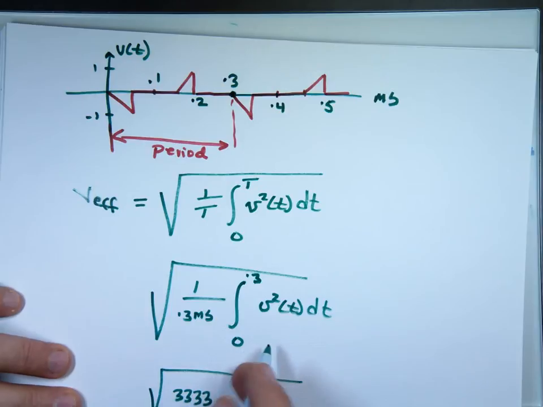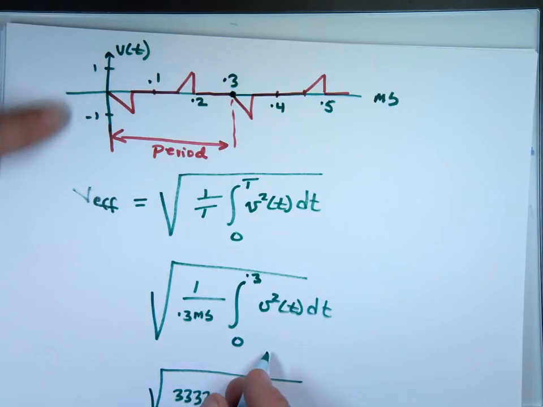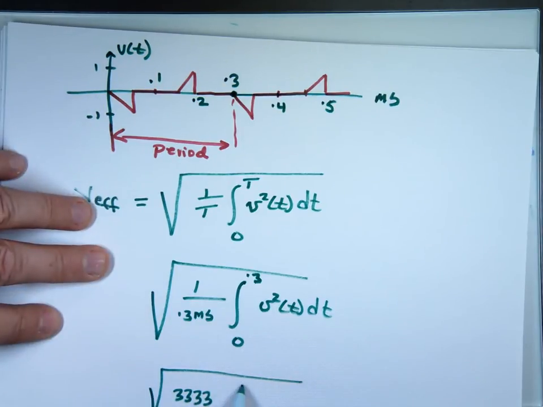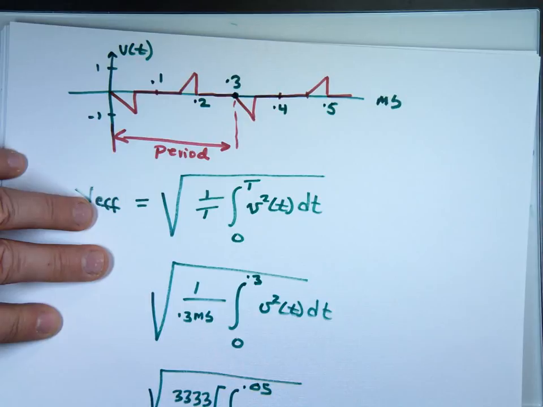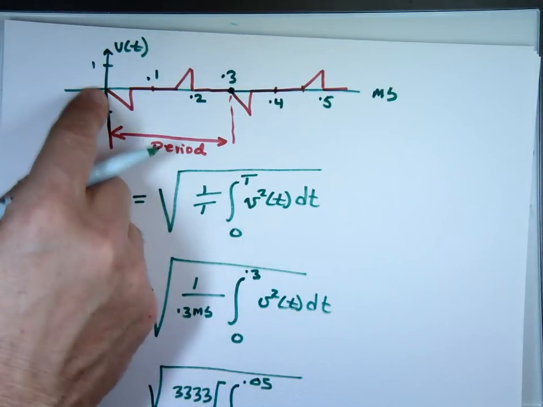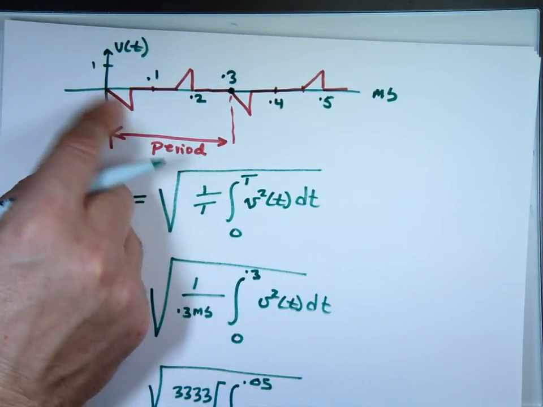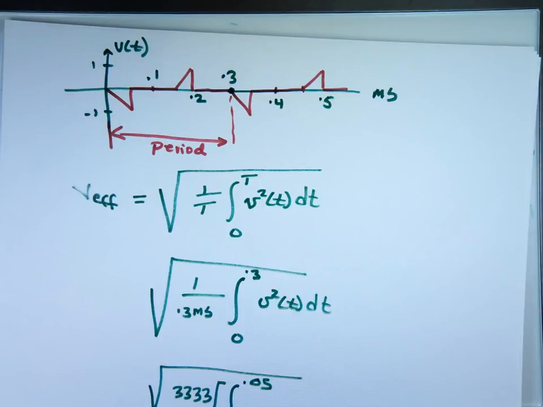And now to integrate that, I've got to break it down, right? I've got to go from where? 0 to 0.05, I think. Not 0.5, 0.05. And what is the equation for that? That's a straight line. So the slope is what? It's negative. The rise over the run. The rise is 1.